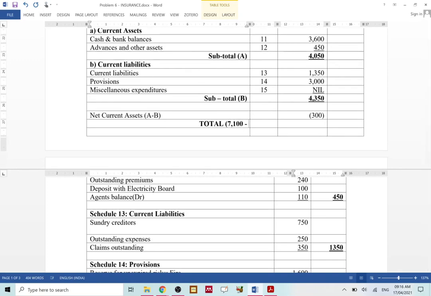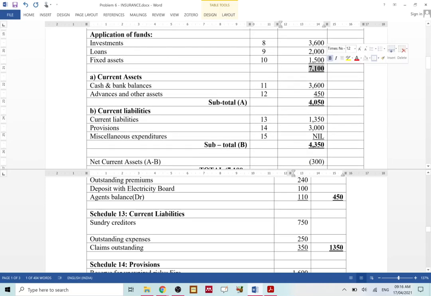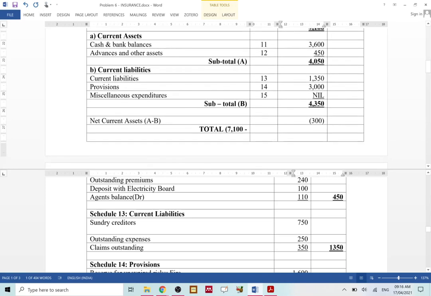7100 minus this 300. Now why minus? Because it is negative. If it was positive, we would be adding it up, correct? We would be doing this long-term assets plus the net current assets. But this is negative, so this will be written here as minus. 7100 minus 300 actually gives us 6800.